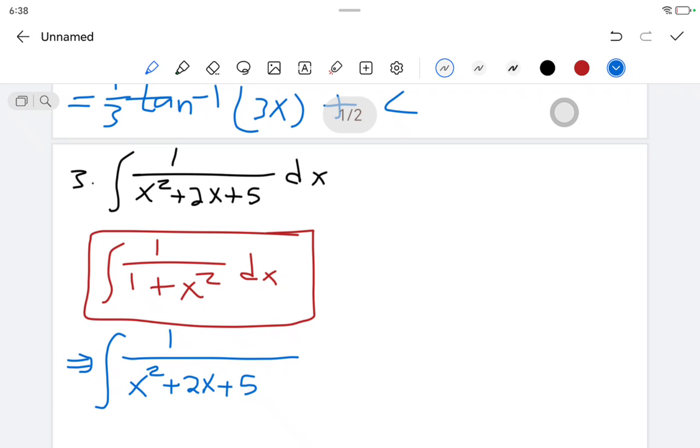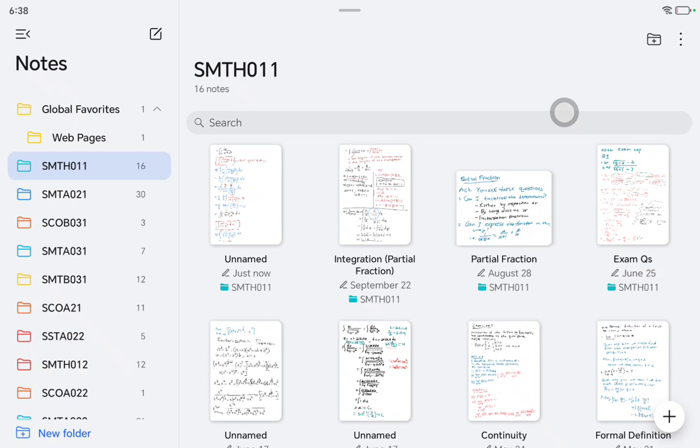Now, can anyone remind us, how did we apply completing the square last time? Yeah, I think I did show you guys how to apply completing the square. I think it was here.